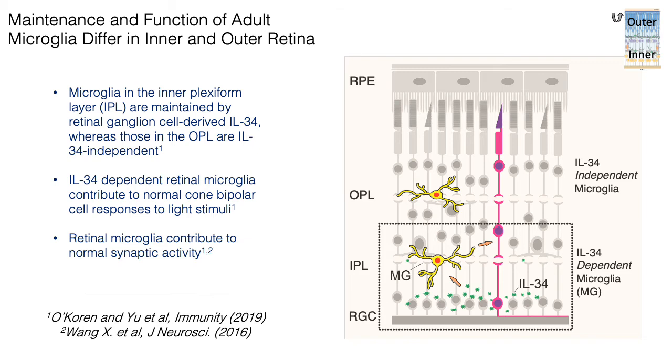So essentially, microglia in the inner plexiform layer are nurtured and maintained by the retinal ganglion cell layer. This is in direct contrast to the OPL, where these microglia are IL-34 independent. Even more fascinating, perhaps, is that microglia in both of these niches contribute to synaptic activity, as shown by us and also by Wang et al. in 2016 using depletion of microglia.